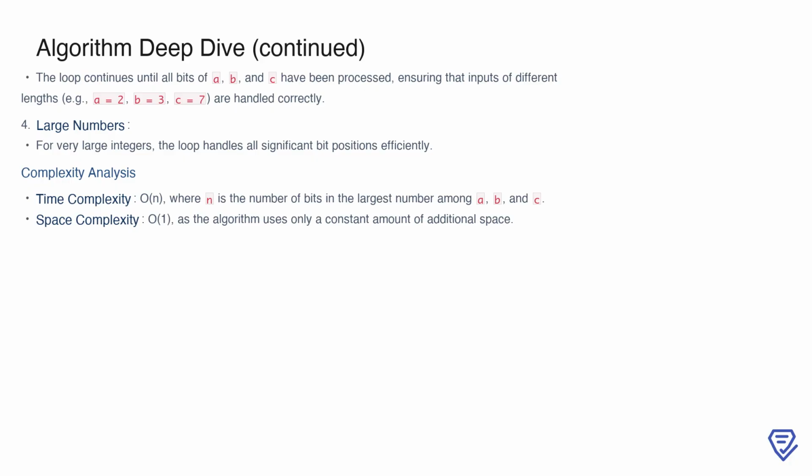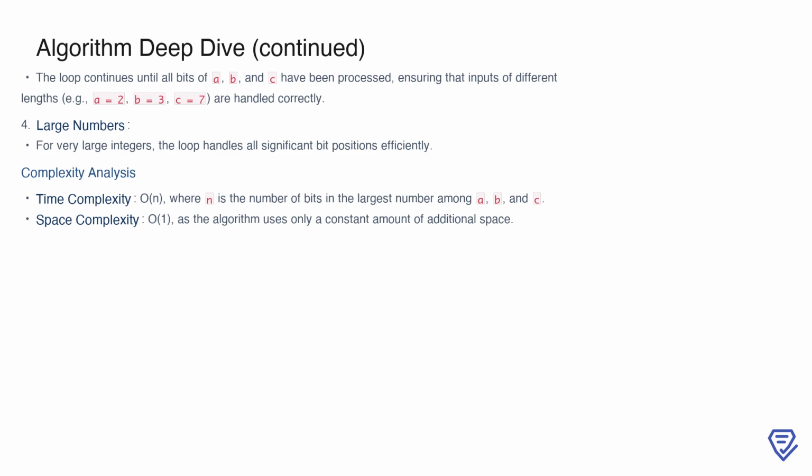Another edge case involves inputs of unequal lengths, where the binary representations of A, B, and C differ in the number of bits. The loop ensures that all relevant bit positions are processed by continuing until all three numbers are fully shifted to 0. For very large numbers, the algorithm remains efficient, as it only processes significant bit positions.